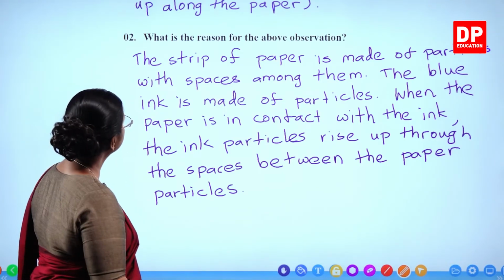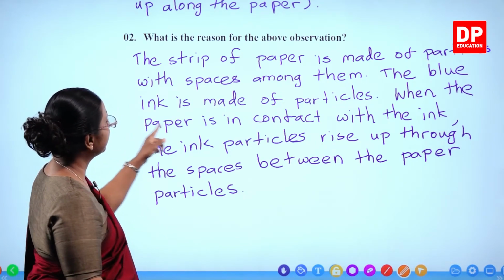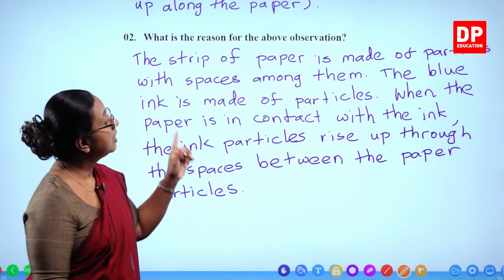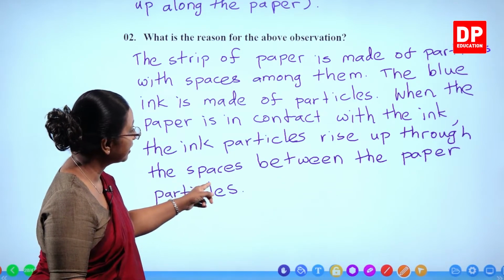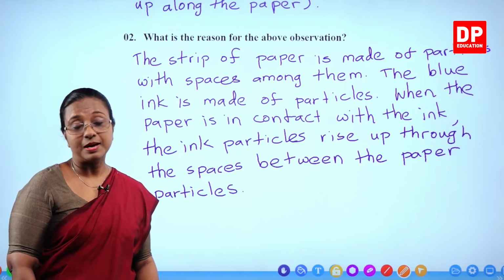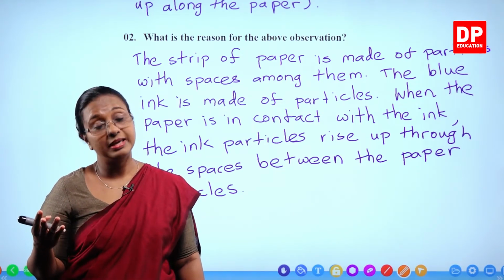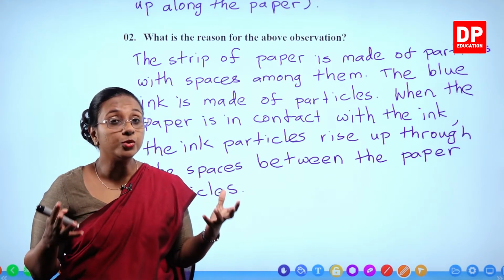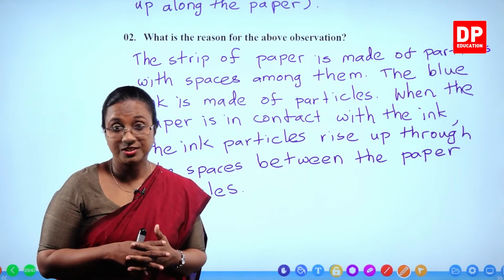So that is the reason. That is why the strip of paper gets soaked in blue ink. Because both of them are particulate in nature, you get this observation.